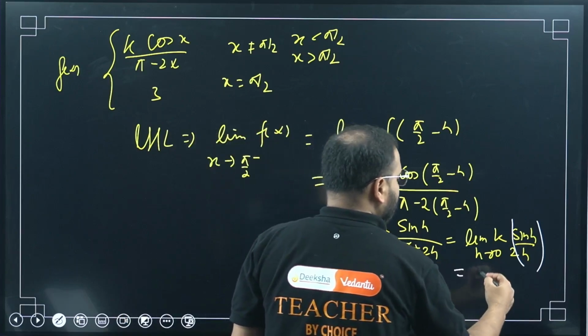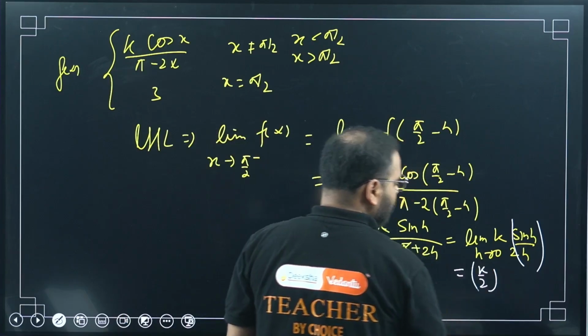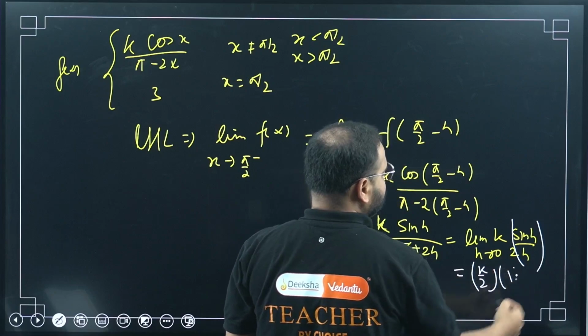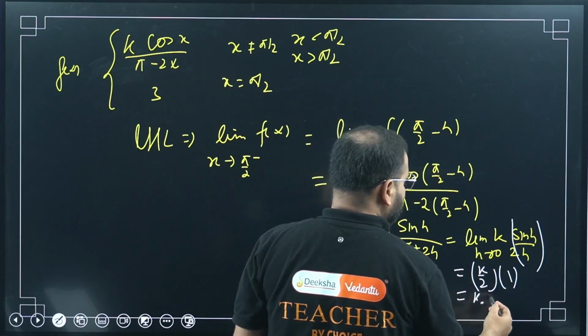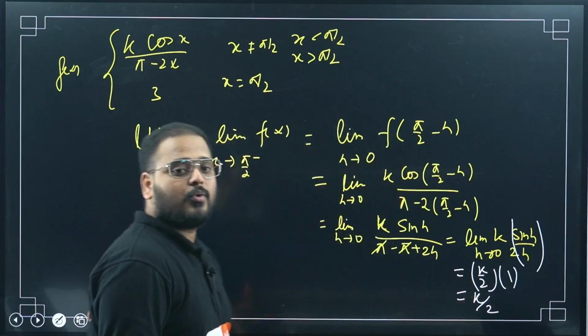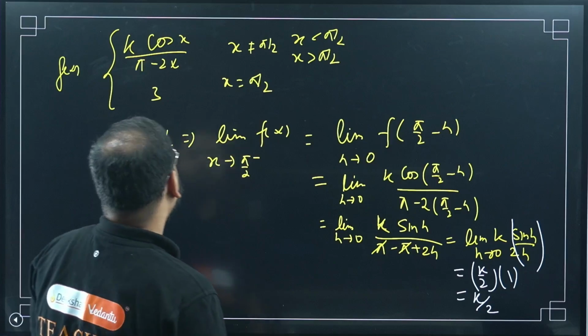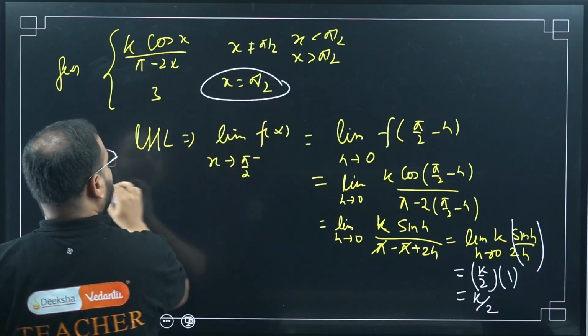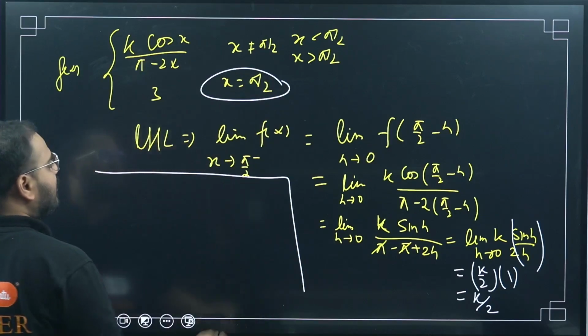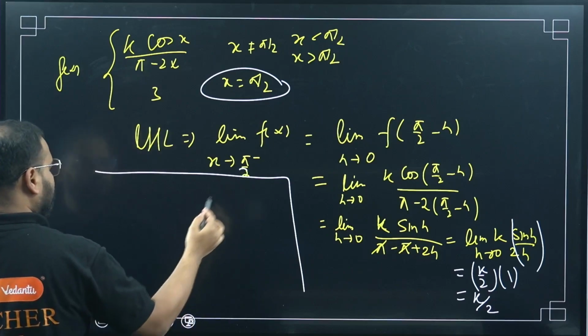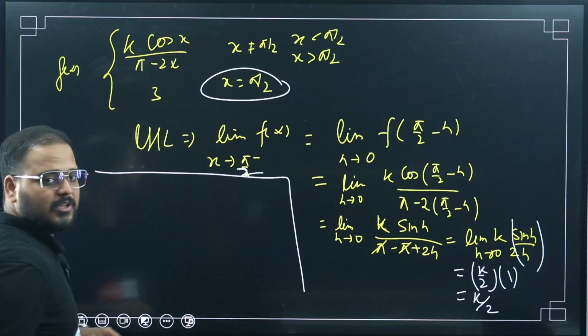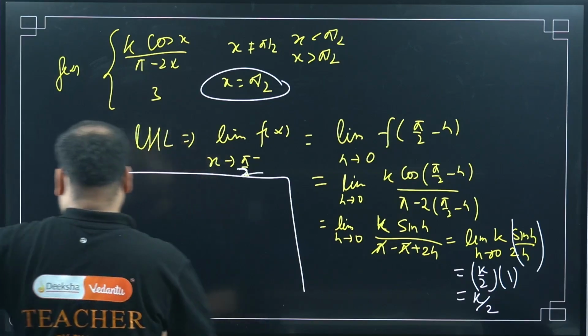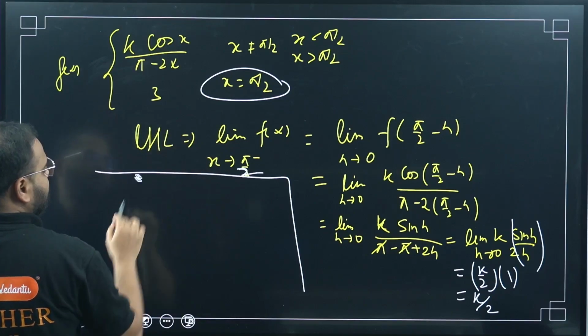So what I'm going to get? k by 2, my constant value, and this will become 1. So what is my LHL value? Simply k by 2. Yes or no? What is my function value? For it to be continuous, we know this, right? What is it? Not visible, sir. Let me rewrite this again.